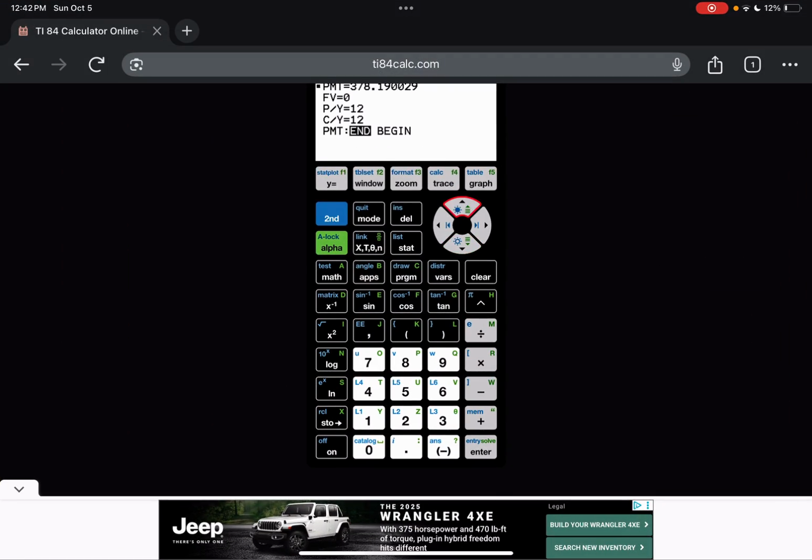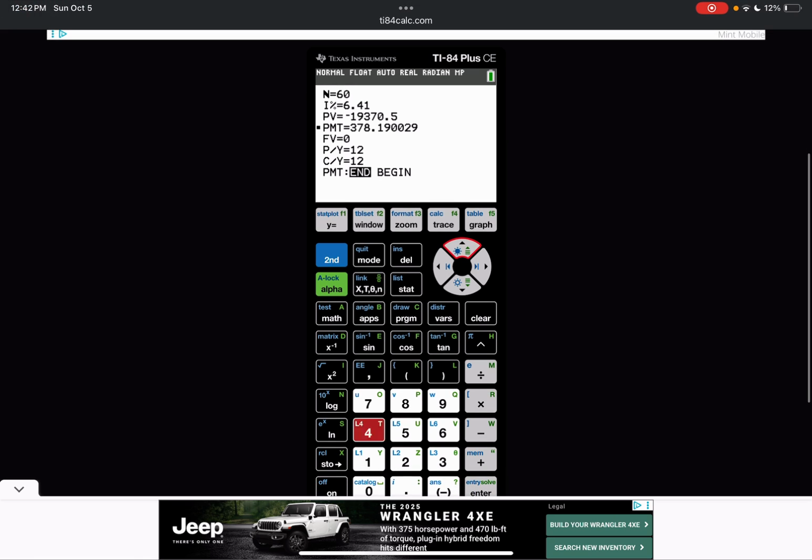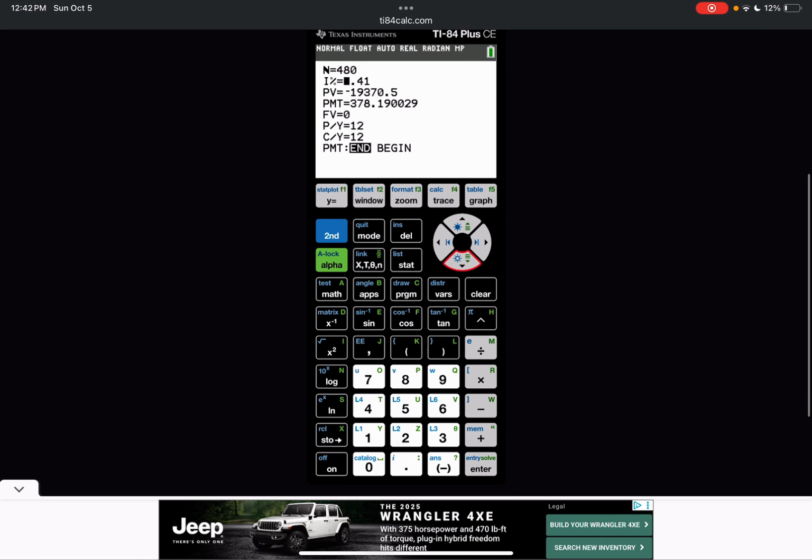All right, so now if we go here, we go up, we want to change this to be 480, interest rate 3.5, present value 0, payment negative 300.